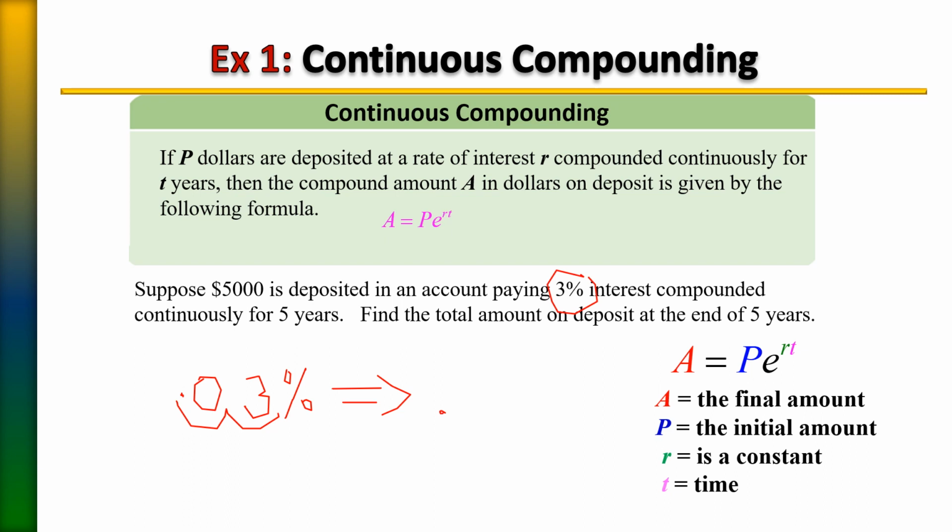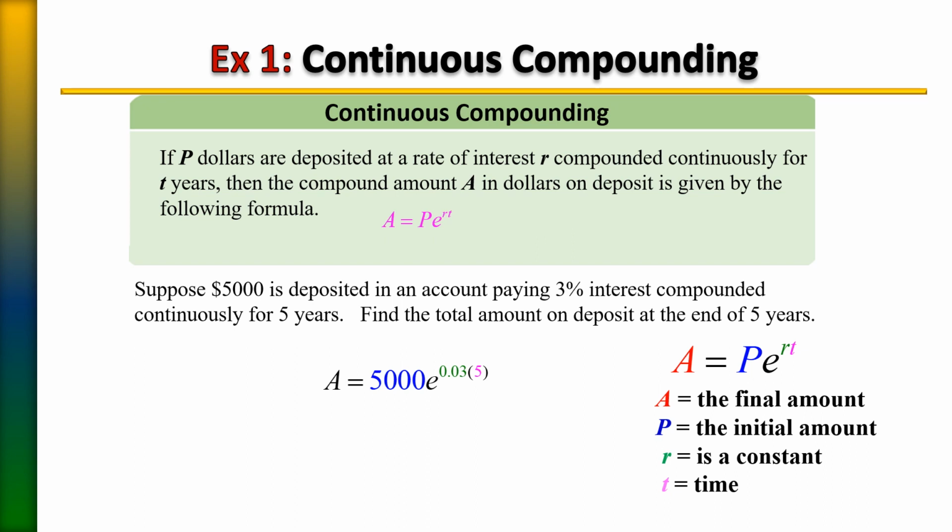Written as a decimal, it's 0.03. So remove the R and replace it with 0.03. Next we have T in the formula. Remove the T and replace it with the time we were given, 5 years. So when we do that, it's going to look like so.